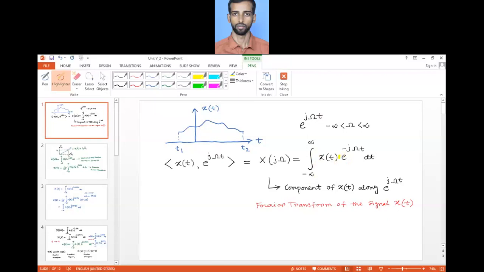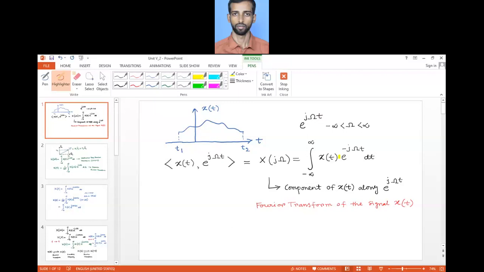But here, the frequency can assume all the real numbers from minus to plus infinity. There we had k times omega naught, where k was like the natural numbers, plus 1, plus 2, plus 3, minus 1, minus 2, minus 3. So they are also infinite, but countably infinite. But here we have the uncountably infinite. So this set is a little bit larger as compared to the previous set.